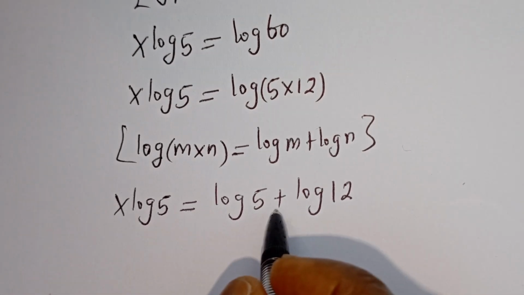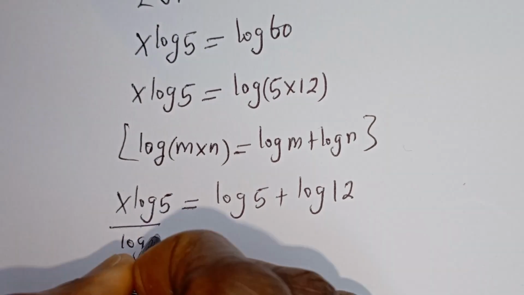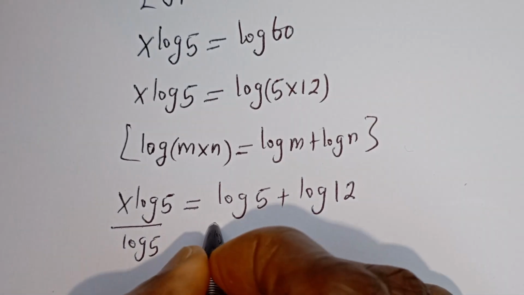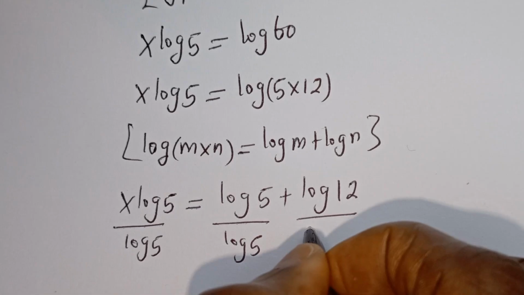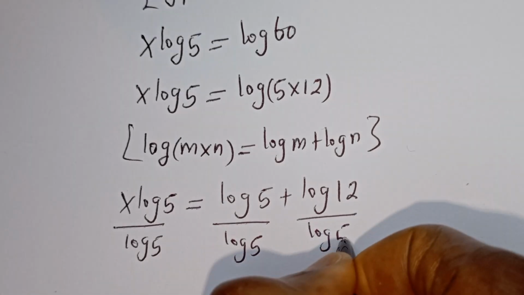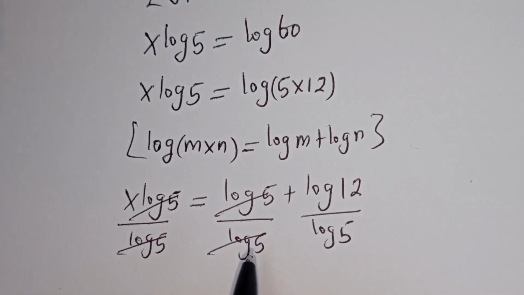Let's divide all through by log 5. This divided by log 5, this divided by log 5, and this divided by log 5. And this will cancel this. This will also cancel this.